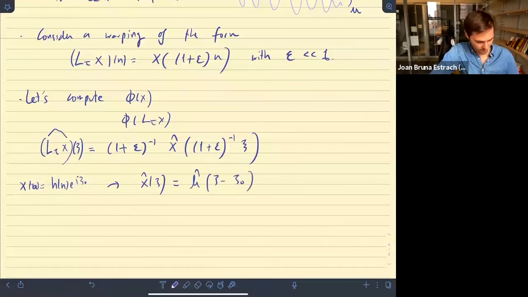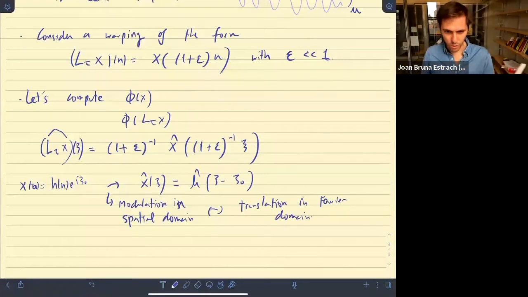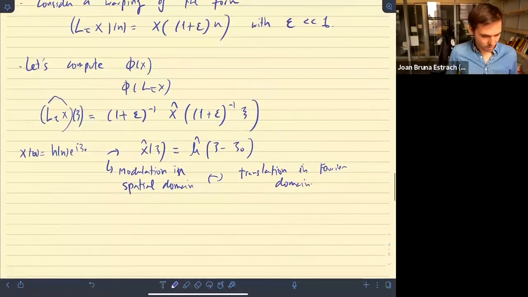So modulation in spatial domain corresponds to the translation. And you know that this also goes both ways, right? If I translate in one domain, I modulate in the other, right? That's another property of the Fourier transform.